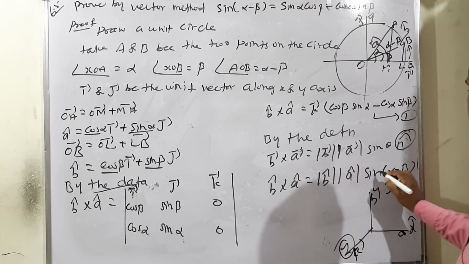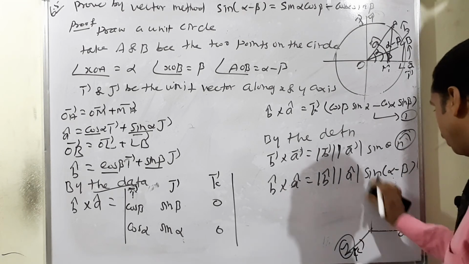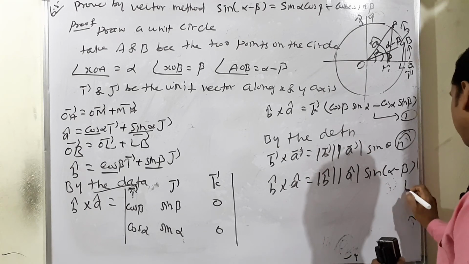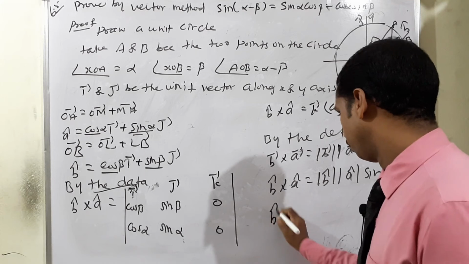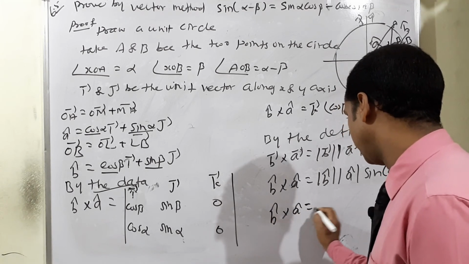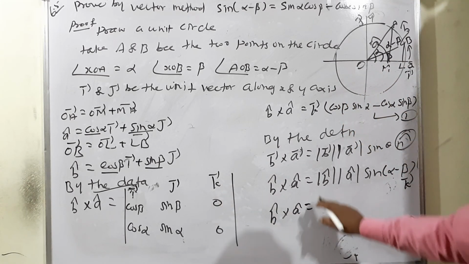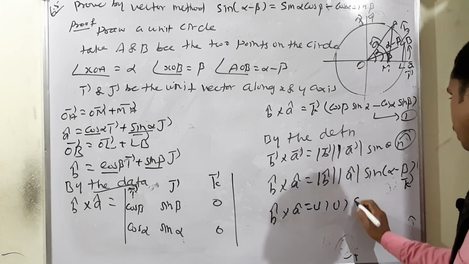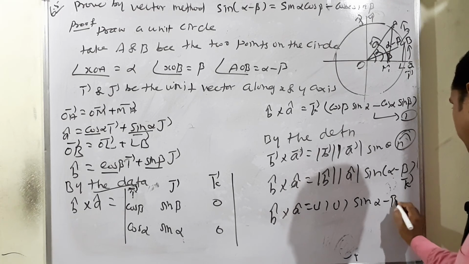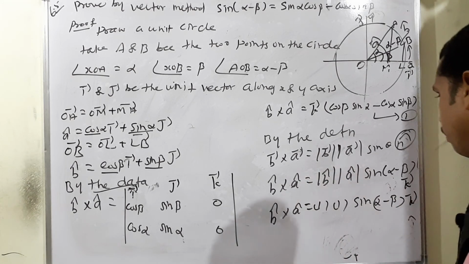Therefore, n cap means k vector. Final one: B cap cross A cap is equal to modulus 1 into sine of alpha minus beta into k vector.